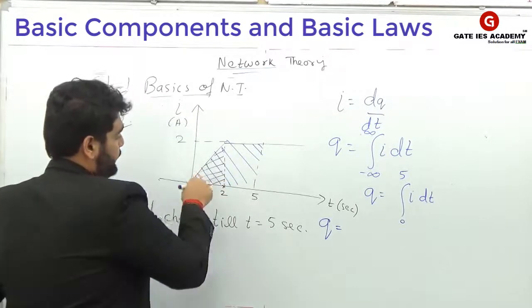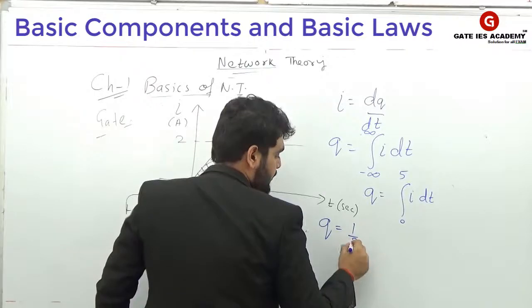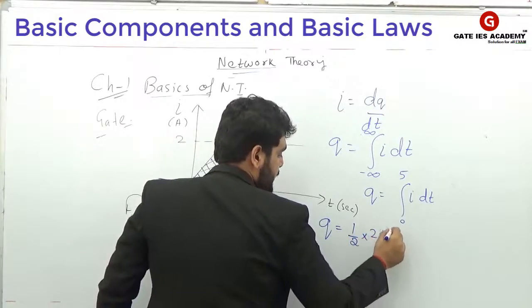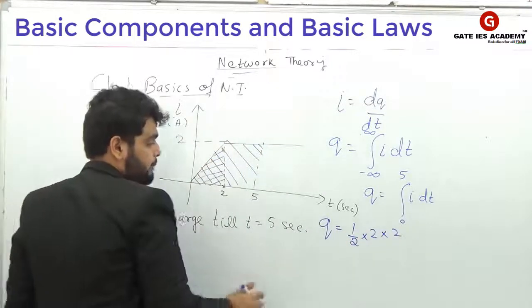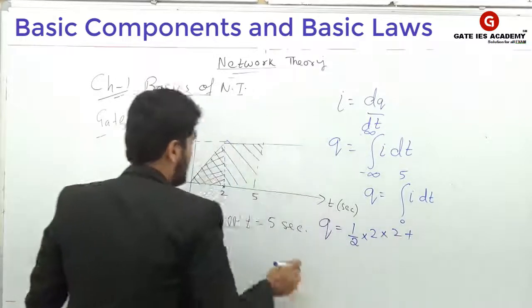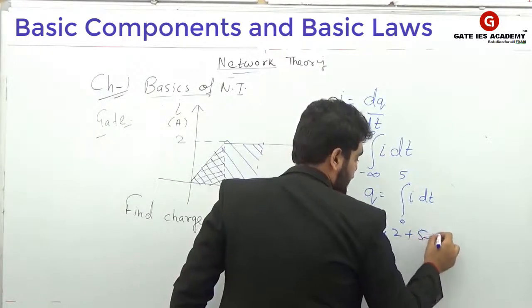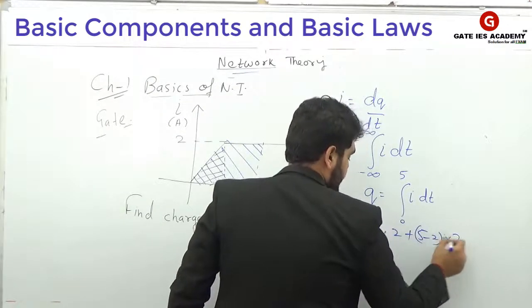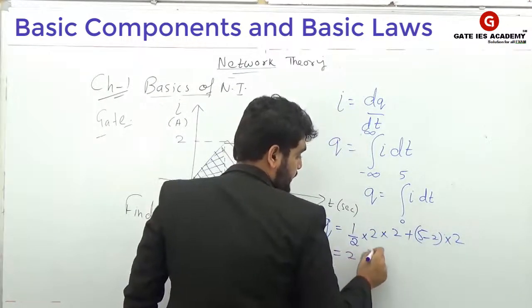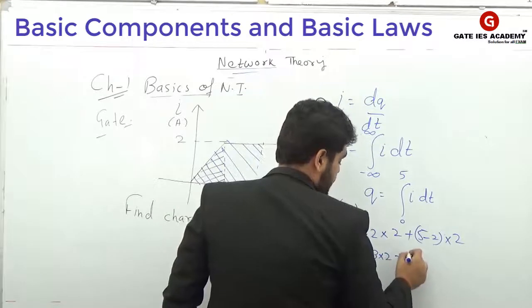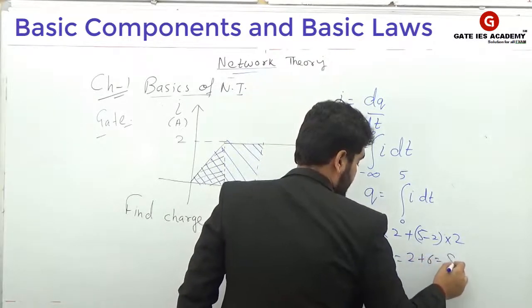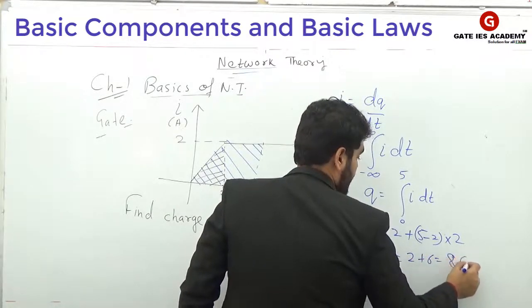So area of triangle, it is half base into height plus length into breadth. Length is duration, 5 minus 2 into 2. So 2 plus 3 multiplied by 2, you will get 2 plus 6 equal to 8 coulomb.